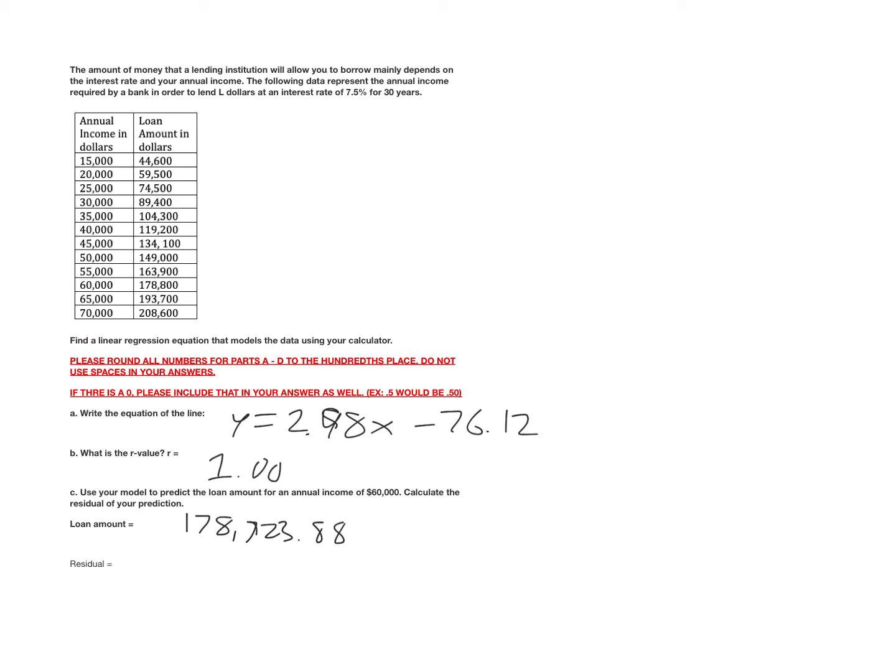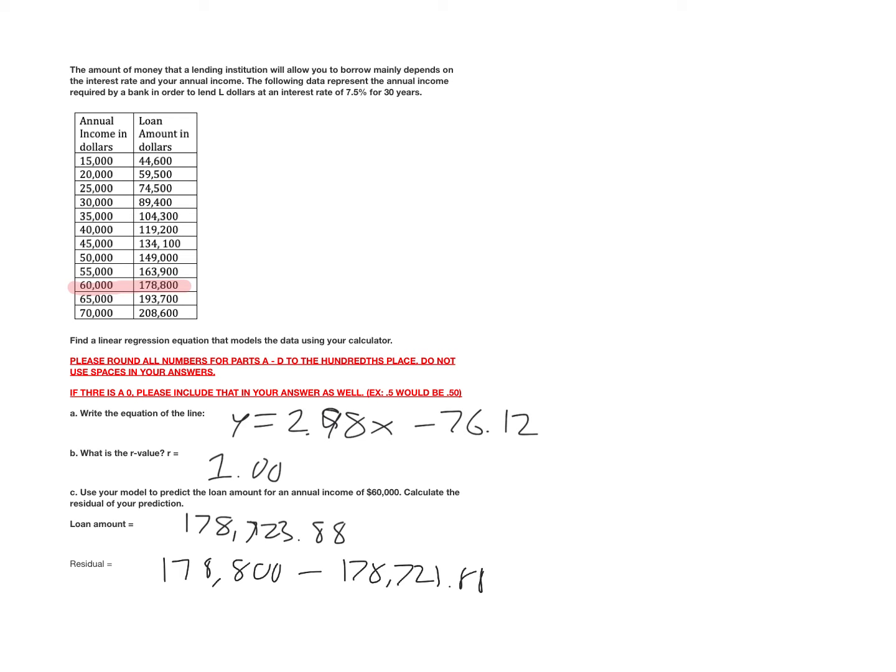and 88 cents. Now the residual is the difference between what we actually saw happen and what my equation says should happen. And so my residual is the actual amount, which is $178,800 minus my prediction, which is $178,723.88.